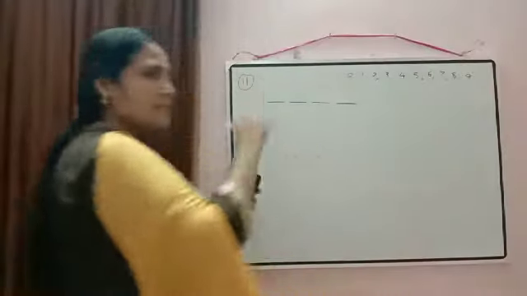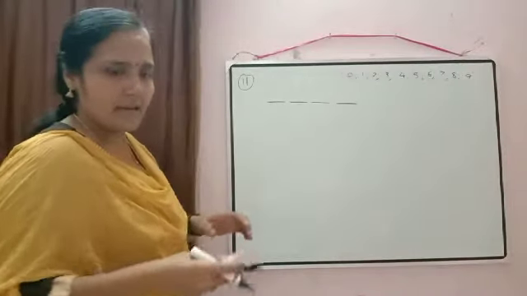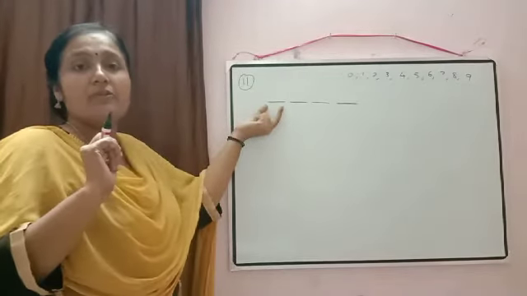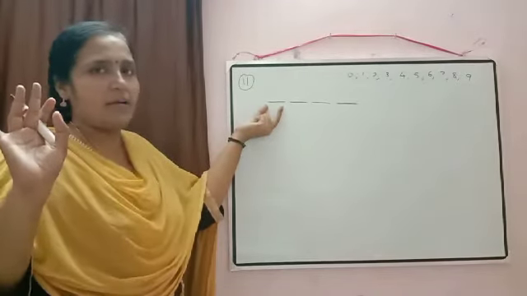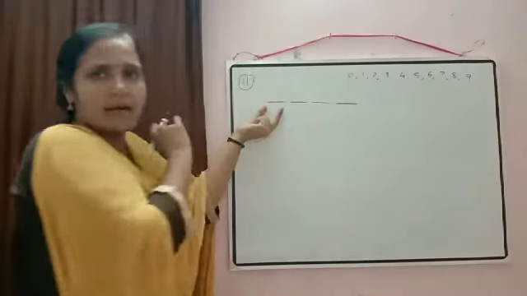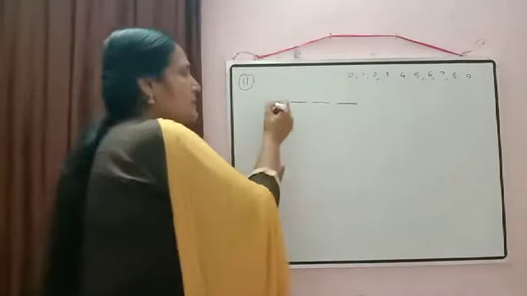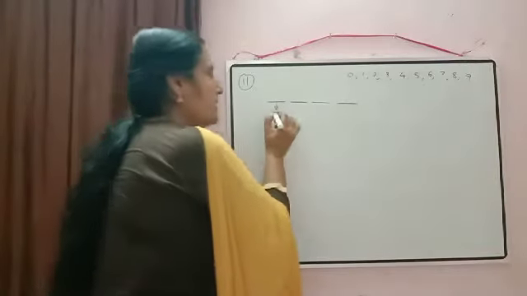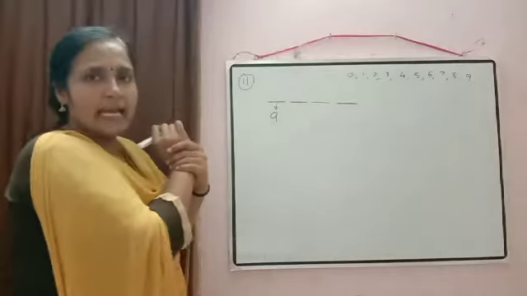Now since it is a 4-digit number, 0 cannot come in the 1,000 place. So except 0, any of these numbers can come. So the 1,000 place can be filled in how many ways? Yes, correct. It can be filled in 9 ways.